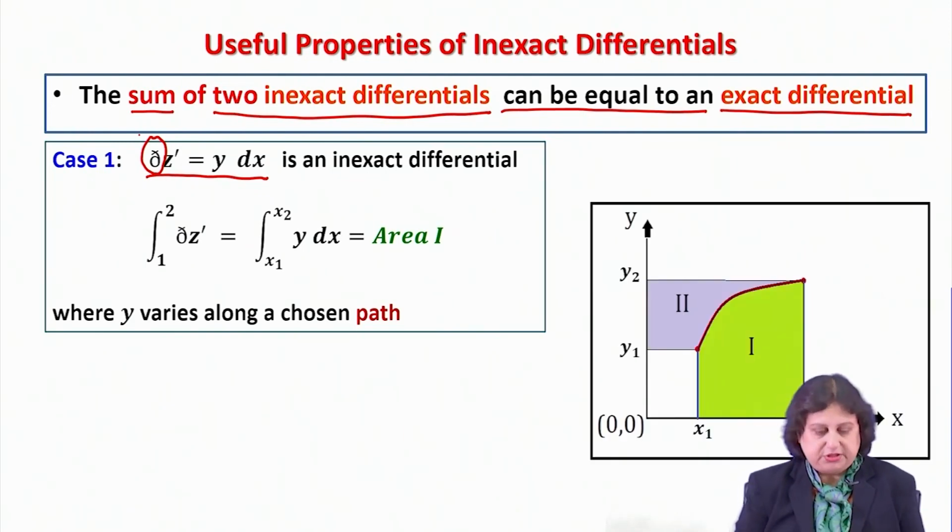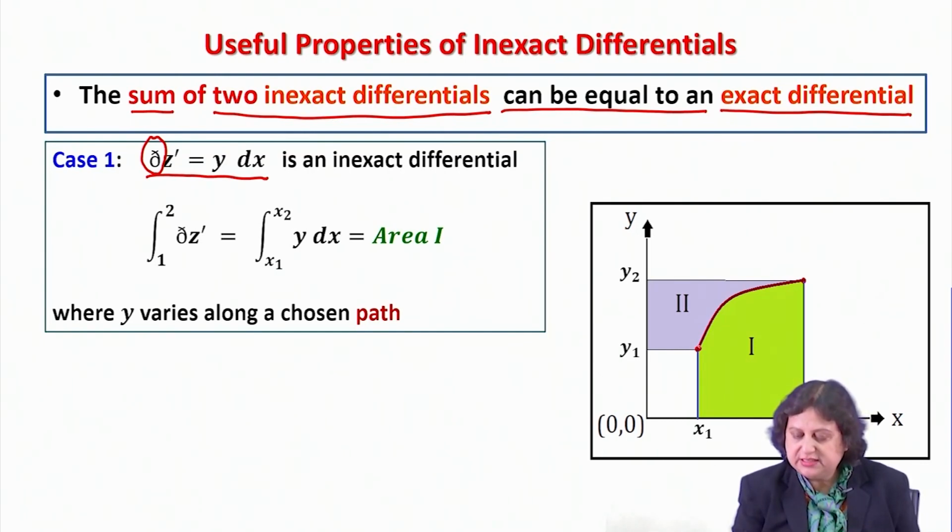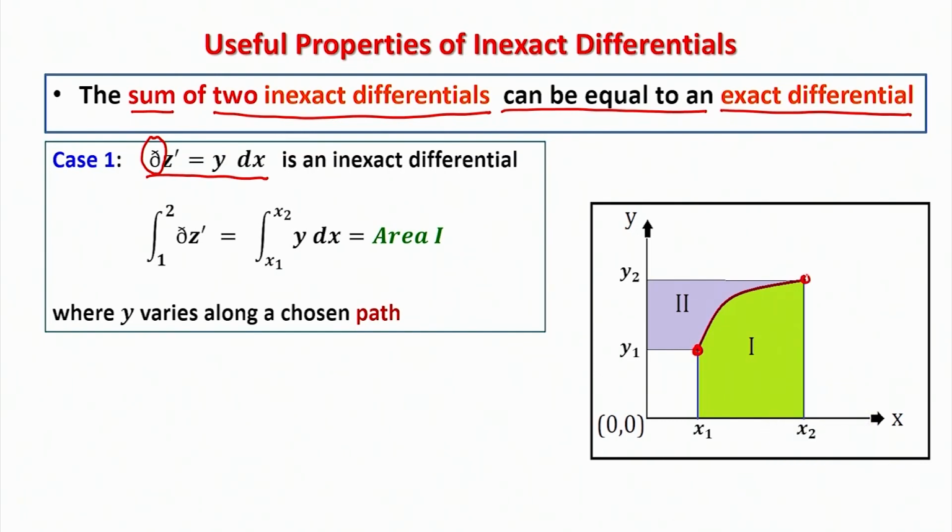Now in this picture, when I integrate from point 1, which is this, to point 2, the function y dx, when can I do the integration? Provided I know y as a function of x. Otherwise, I cannot do this integration.